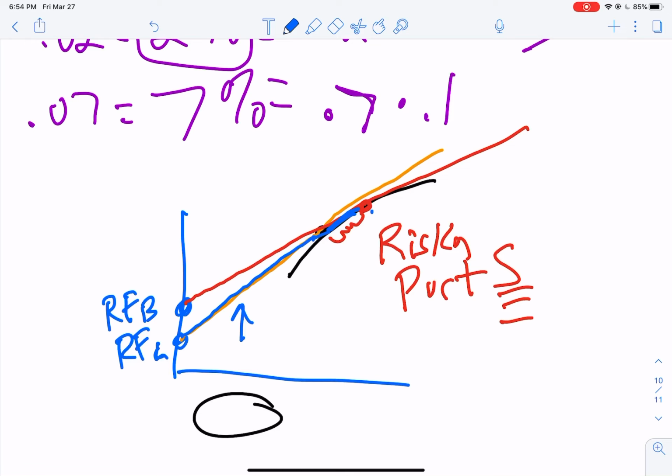I'm buying Treasury securities, and here I'm just investing in risky portfolios. And then from this red point on, I am borrowing money to invest in one of these portfolios. And so this becomes relevant.